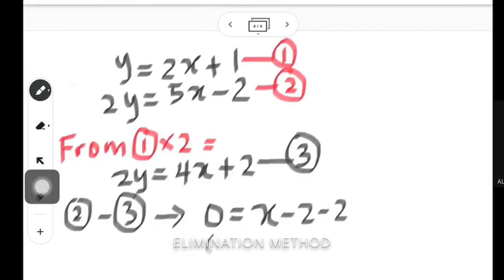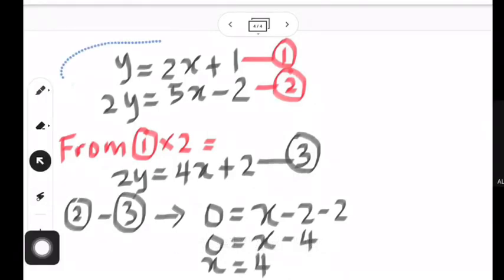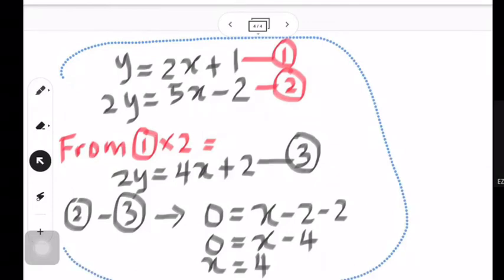So 0 equals to x minus 4. Jadi x equals to 4 lah. 4 bawa ke kiri. 4 equals to x. X equals to 4. Boleh follow kelas? Bukan negatif boleh.